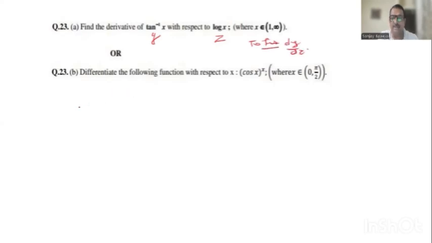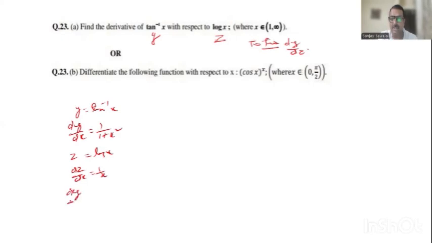And where y is equal to tan inverse x, you find out dy by dx from this, which is 1 upon 1 plus x square, and z is equal to log x. So dz by dx will be 1 by x. Divide these two and get the answer.